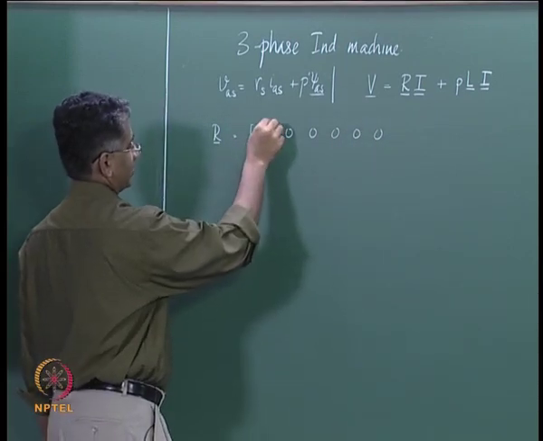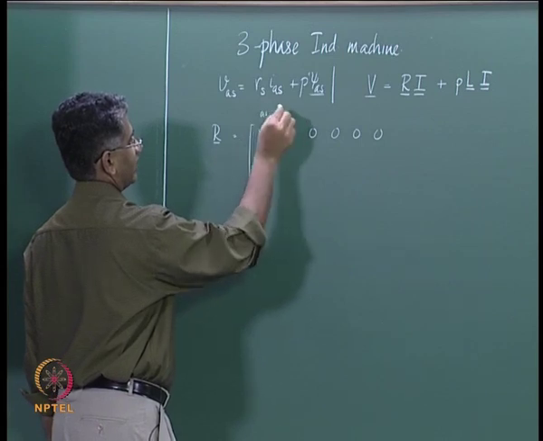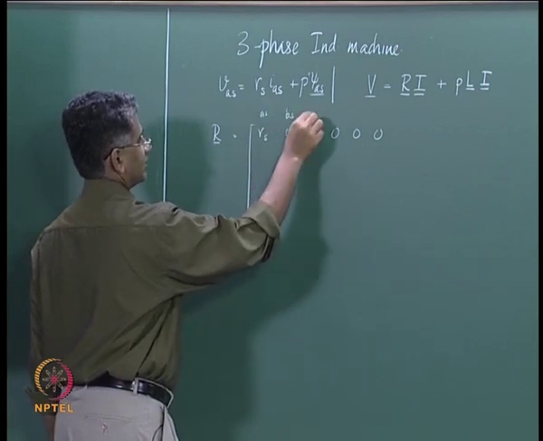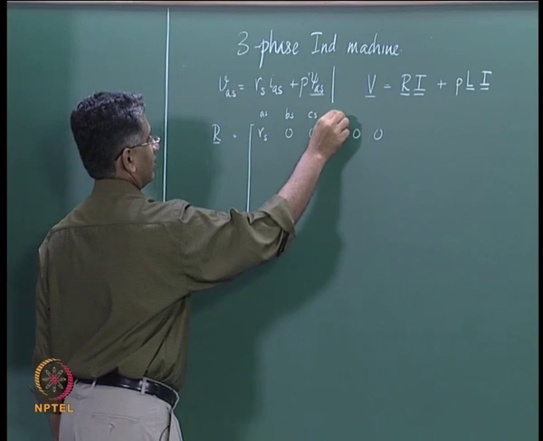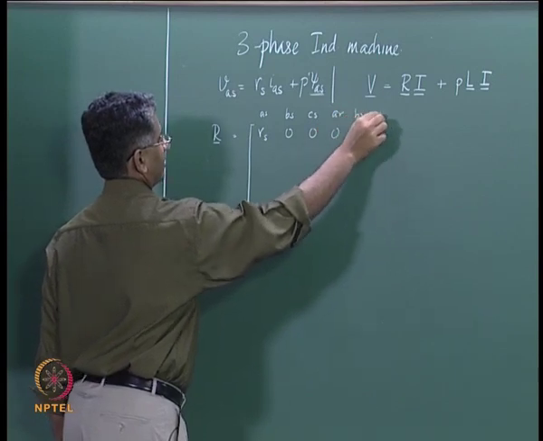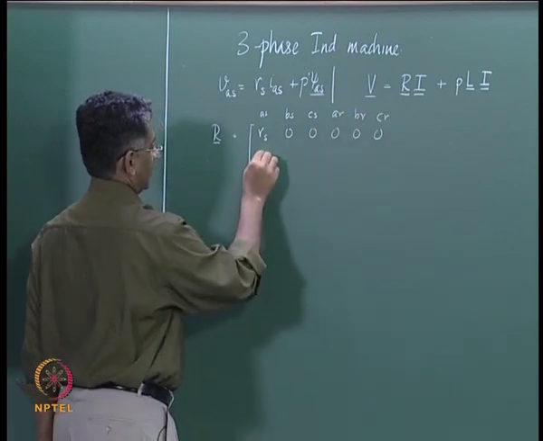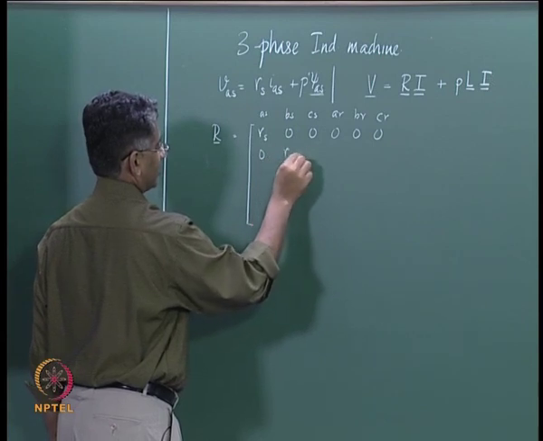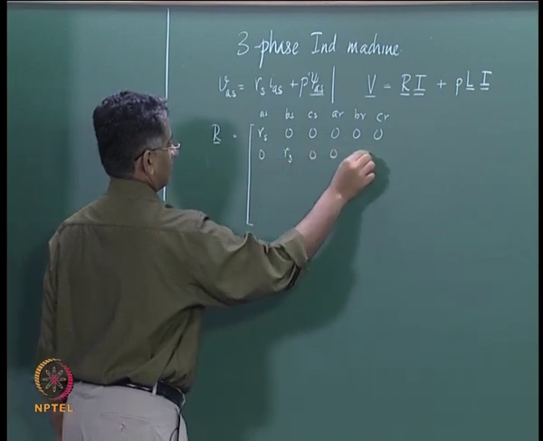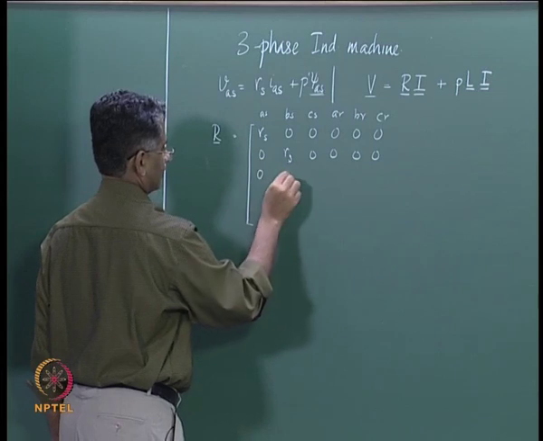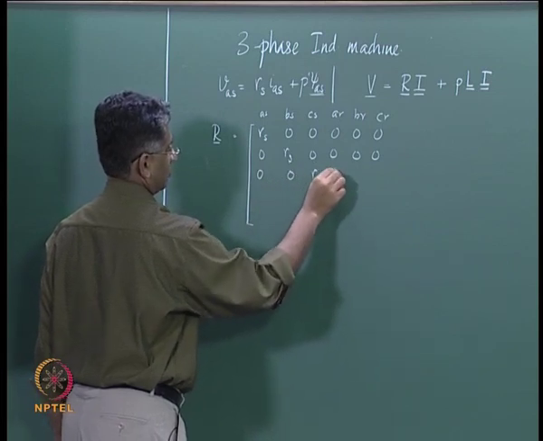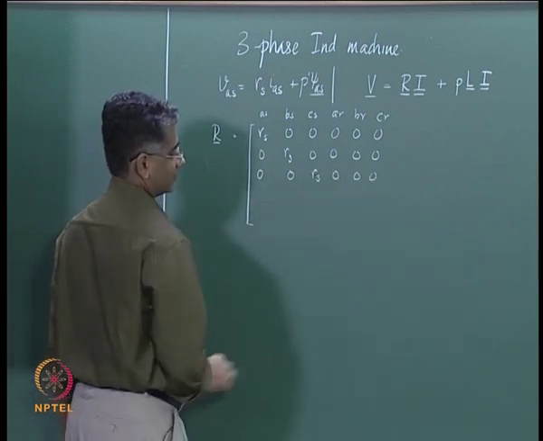That means this corresponds to the AS phase, and then BS, CS, AR, BR and CR, and being a balanced machine, these first 3 rows would then look like this.